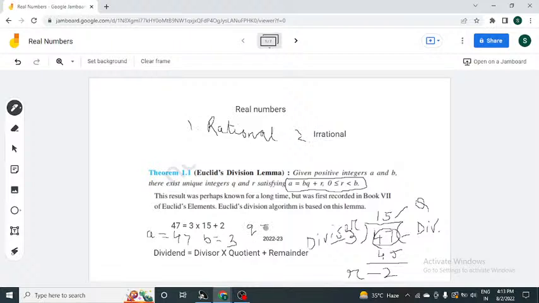Q is the quotient, which is 15, and then we have R, which is equal to 2.